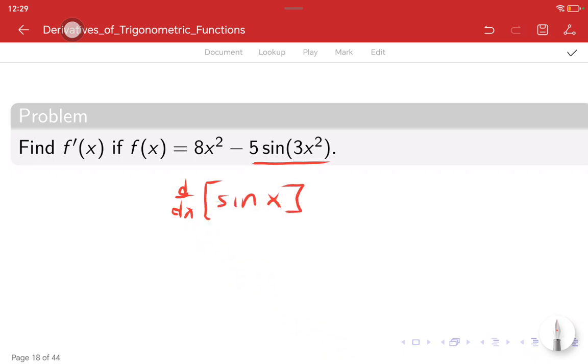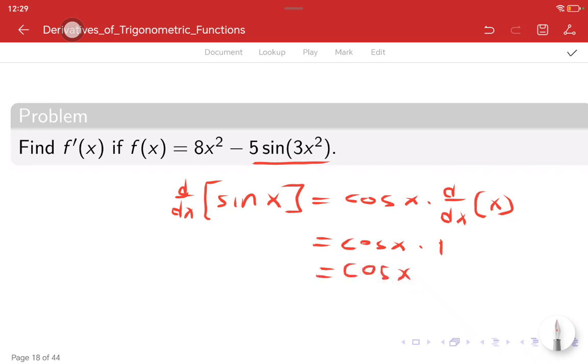Remember, when you derive sine x, you get cos of x, but it doesn't end there. You must times by the derivative of the inside. Our inside here is x. Whatever is inside the sine is x. So this would be cos of x times 1, which is equal to cos of x.